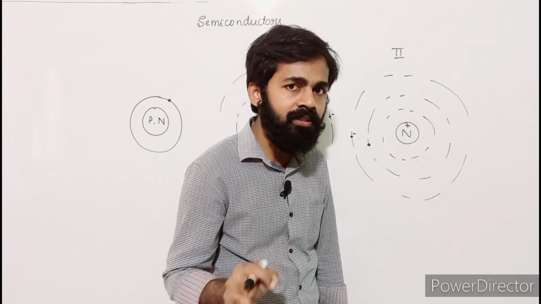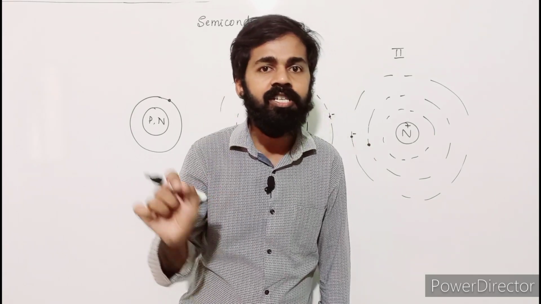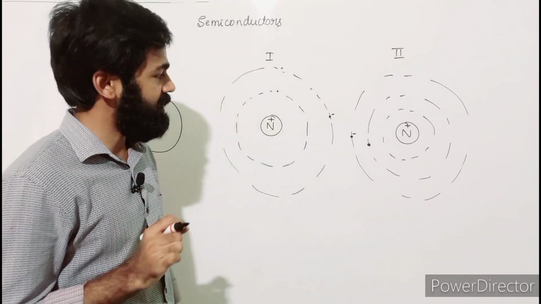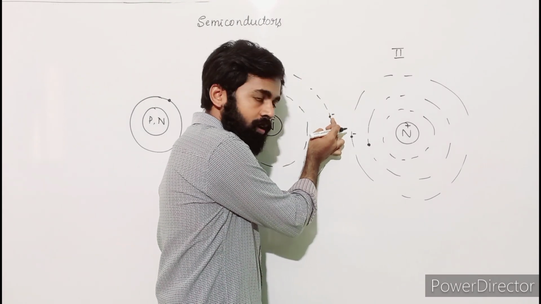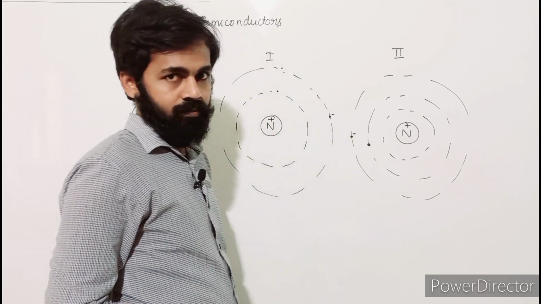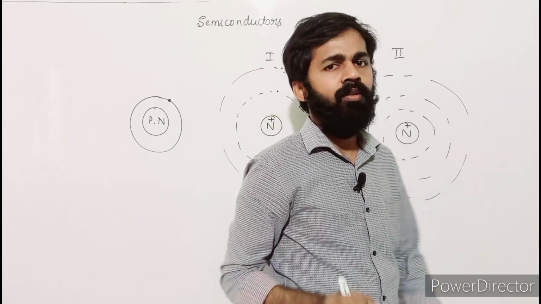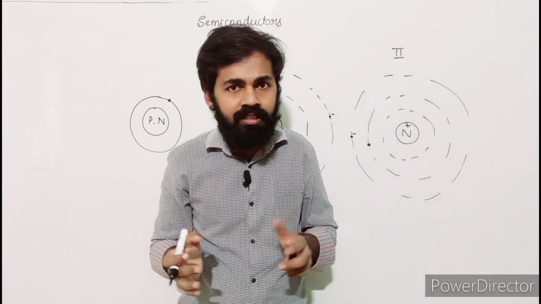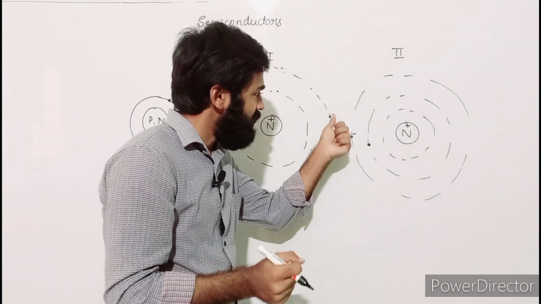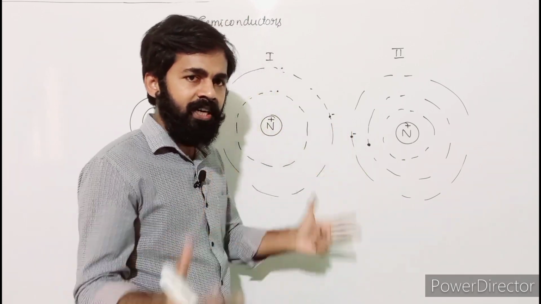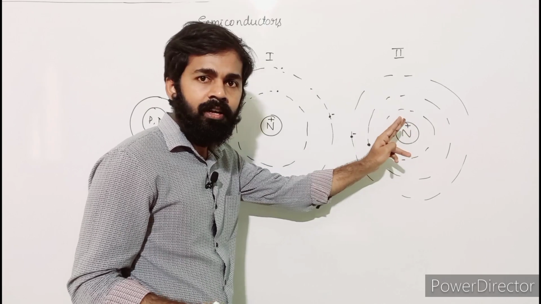It means there is an interaction between the two atoms. Because of this interaction, this electron may change its path. It may come inside or it may go outside to a little extent. It means this energy level has split.